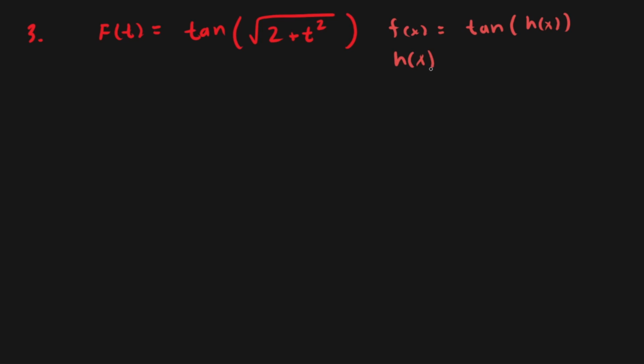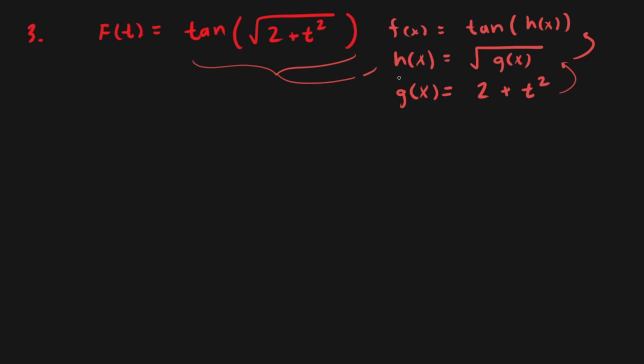H of x can equal the square root of g of x, and g of x can equal 2 plus t squared. Now, if we combine all of these, we'll get this entire equation. So if you're going to write everything out, make sure that when you add them all together, you get the right equation. So we've separated this into three functions.